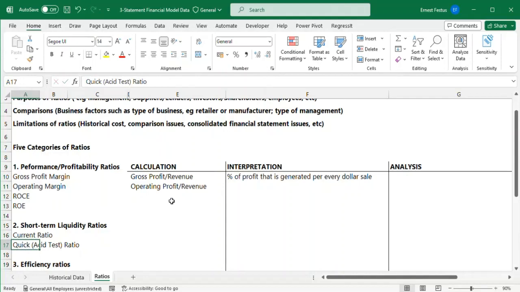All right. Then the next one we want to look at is the return on capital employed.